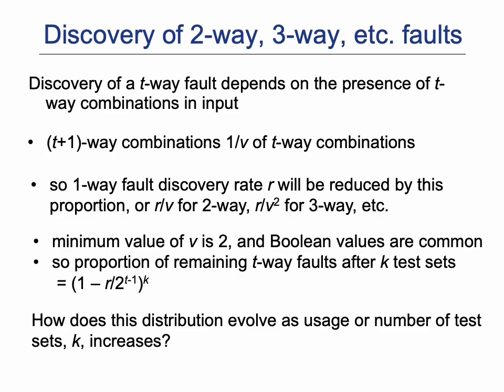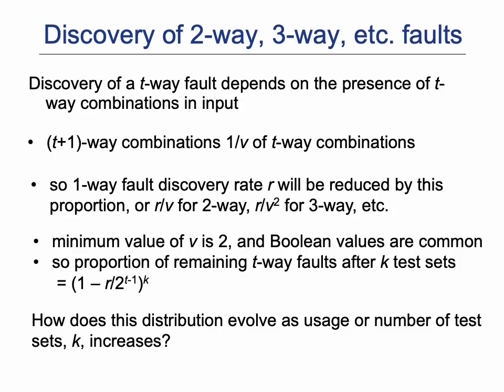We're talking about Boolean values. And if we look at just the empirical data, Boolean values tend to be the most common in most software. So we're going to make the simplifying assumption that the proportion of remaining T-way faults after a certain number of test sets k is equal to the expression in the fourth bullet, where 2 is the value of v, because we're assuming that Boolean values are the most common.